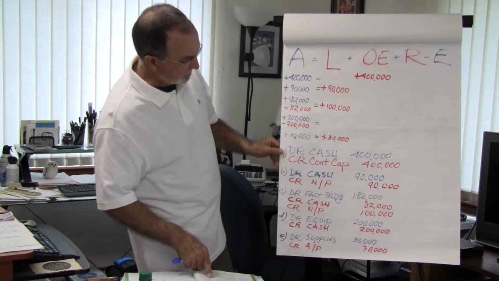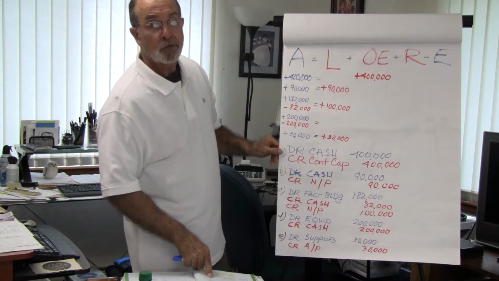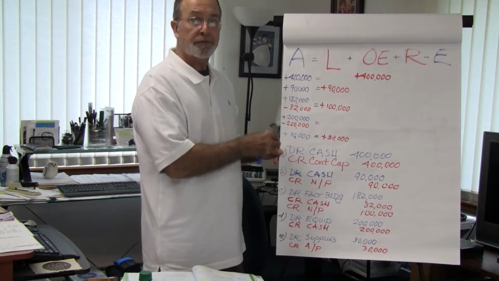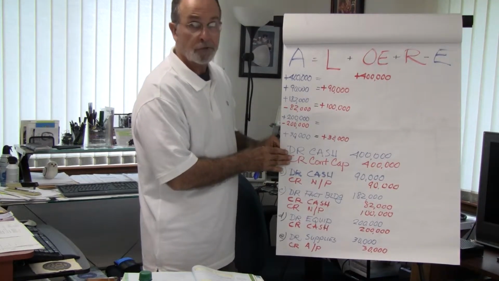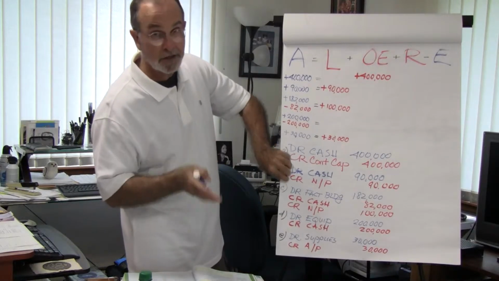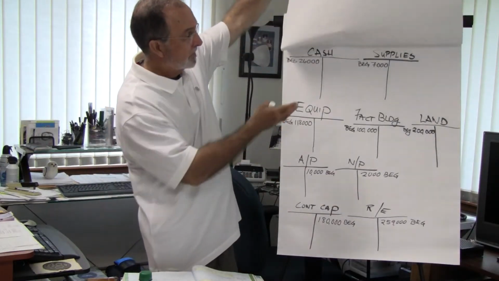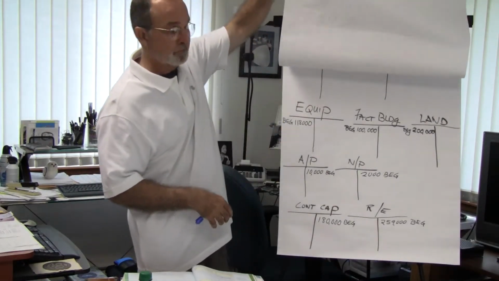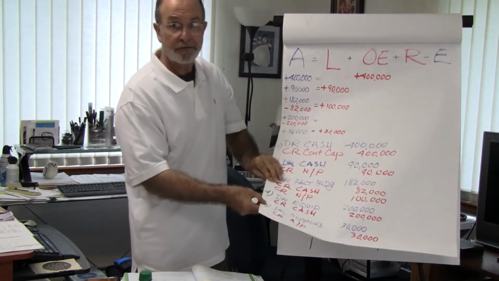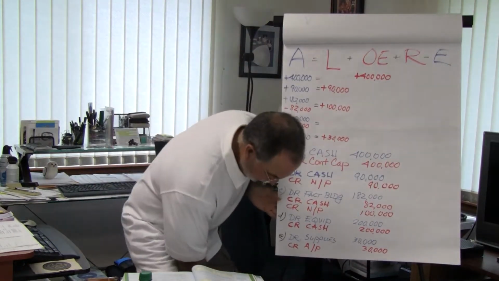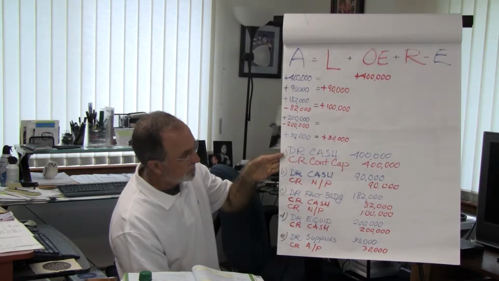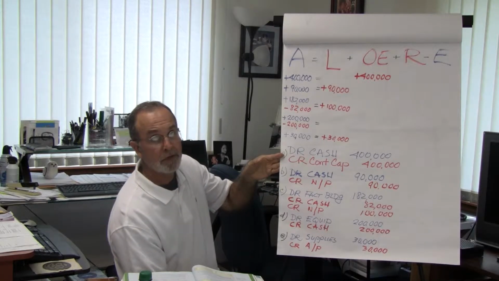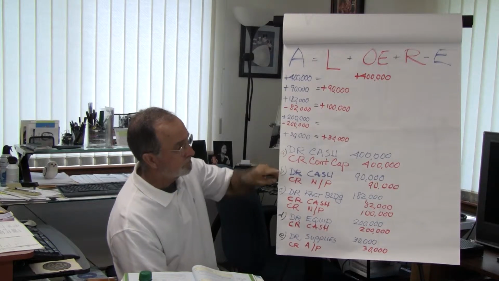So for each of these journal entries, we need to transfer those amounts or post them from our journal into, not our ledger, but into our respective T accounts. The way we do it is individually, one at a time. So our first transaction is to debit cash, credit contributed capital for $400,000.